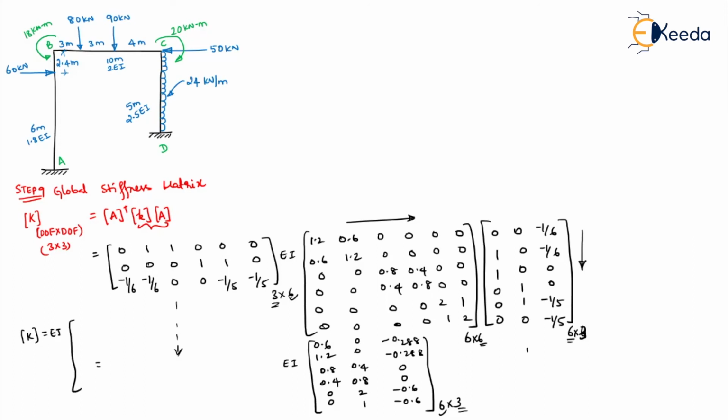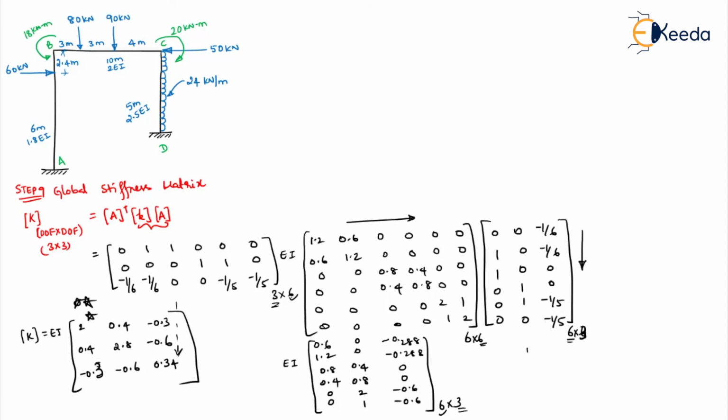Directly I'm writing the rounded off values: 2, 0.4, minus 0.3, then 0.4, 2.8, minus 0.6, minus 0.3, minus 0.6, and 0.34. So this will be your final global stiffness matrix.